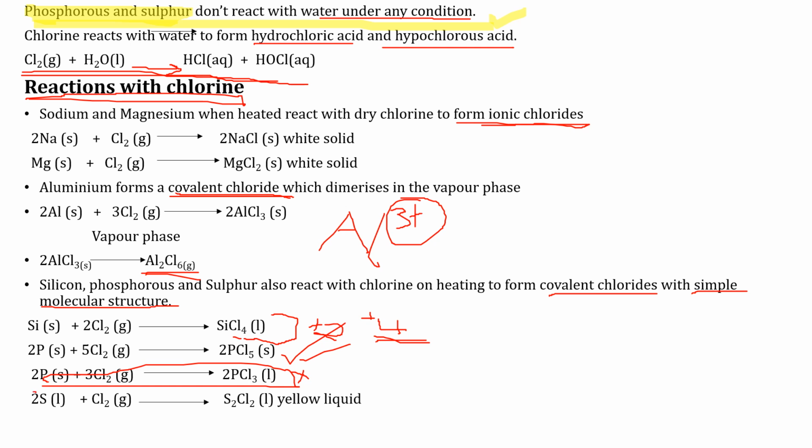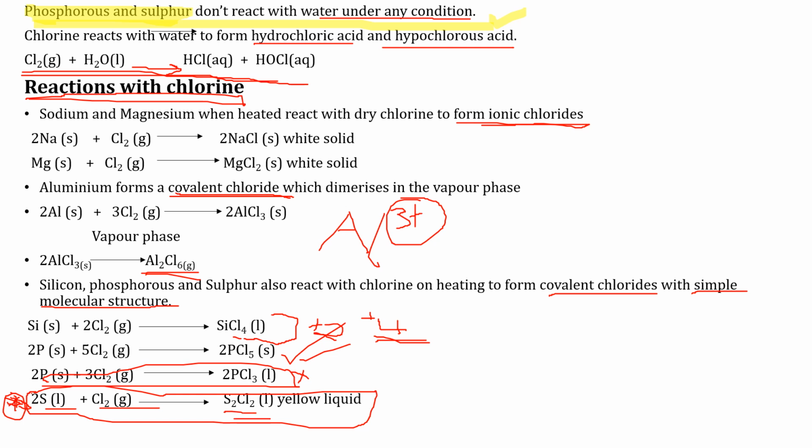Now this is a commonly asked question in UNEB. When sulfur reacts with, in fact, you should put a mark on this. Make sure that you master this equation before you go for your papers, because we highly ask this question. When sulfur as a liquid is reacted with chlorine as a gas, we form disulfur dichloride, and this is a yellow liquid.